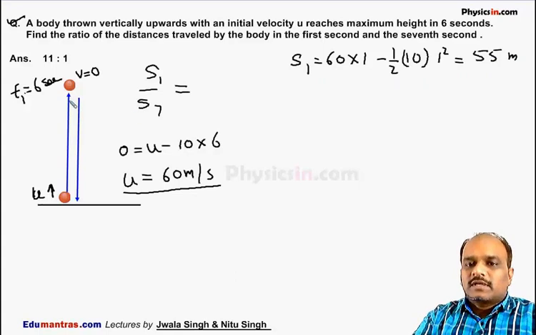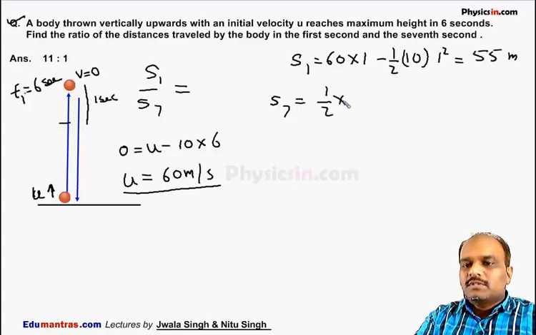Now during the 7th second, we know the distance. In 6 seconds it reaches this point. In the 7th second it falls a distance of, I can say S7 is ut plus half g t square. During the downward journey, for the first second of the downward journey, this is also the 7th second, u is 0, so it is 1 by 2 into g, means 10, into 1 square, that is equal to 5 meter.